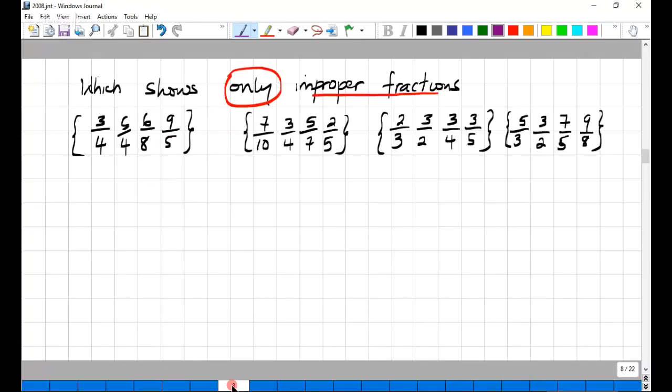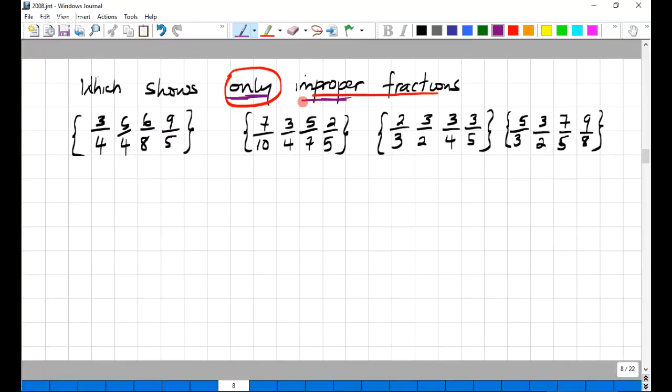So we go over to TC. Which shows only improper fractions. Let's pay attention to the word only and improper fraction. So let's go back to our definition of an improper fraction. What's an improper fraction?